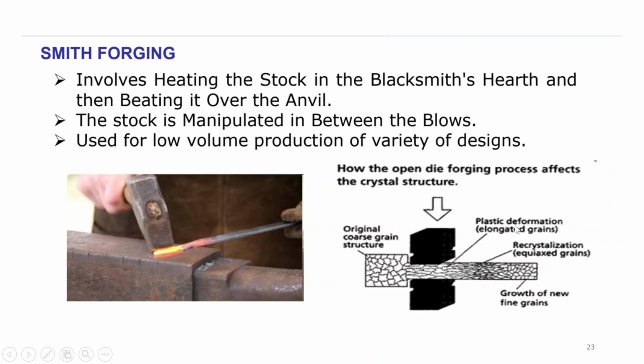Plastic deformation produces elongated grains, which provide very high strength in particular directions. If you apply high temperature, as in hot forging, or heat treatment, it will change into equiaxed type of grains. So growth of new fine grains can also occur.